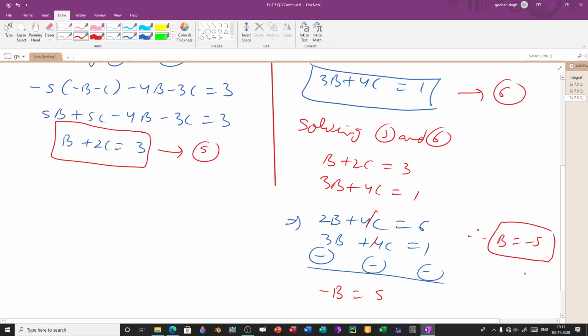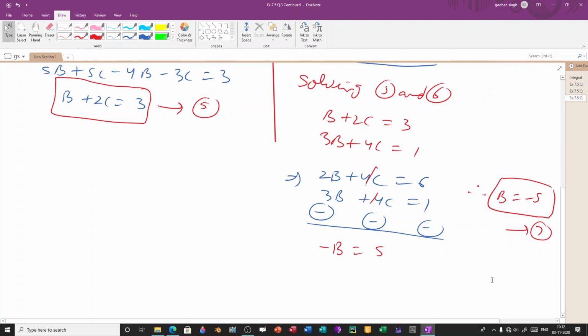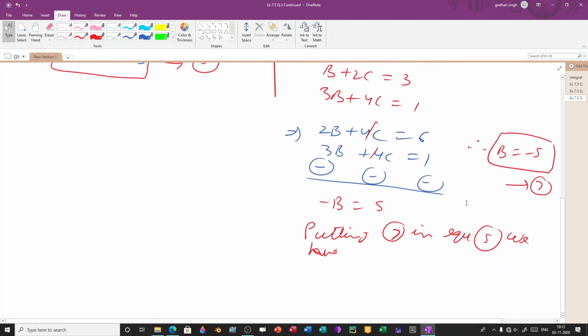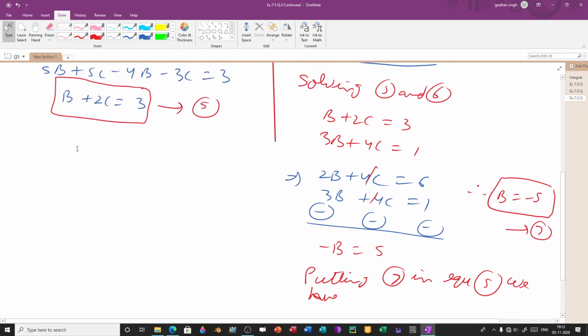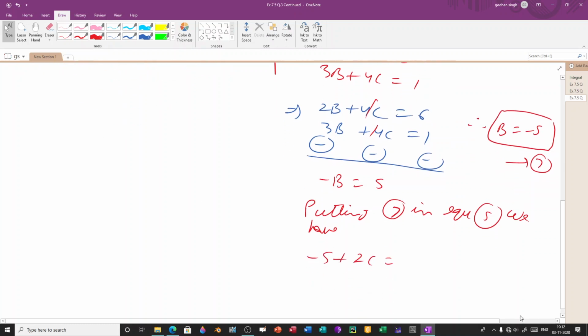Now we can put the value of b in either equation number 5 or equation number 6. Let us put it in equation number 5. Putting b equal to minus 5 in b plus 2c equal to 3, we get minus 5 plus 2c equal to 3.